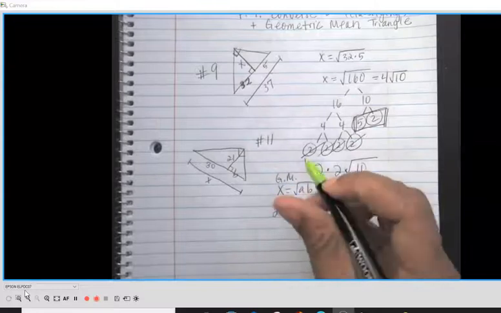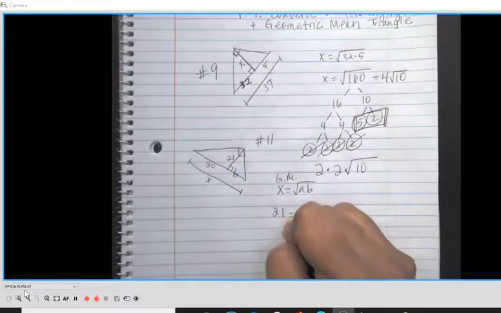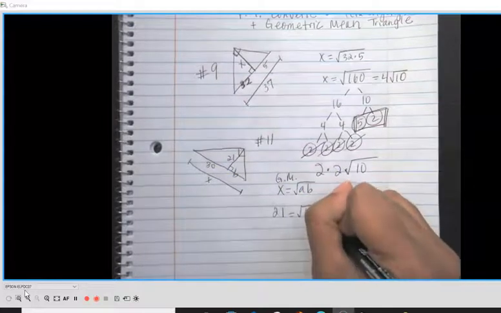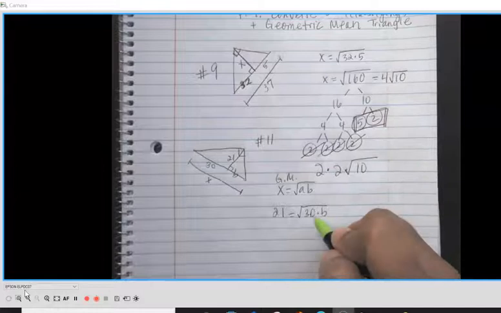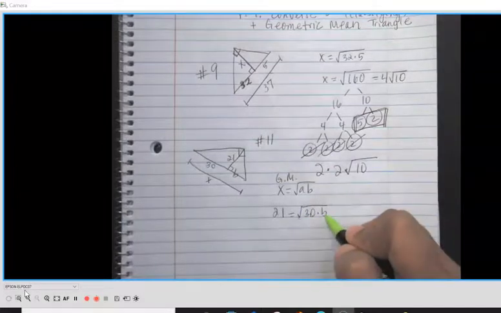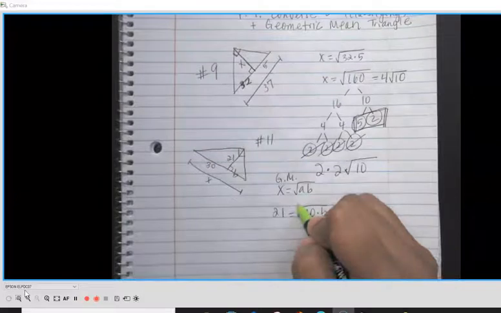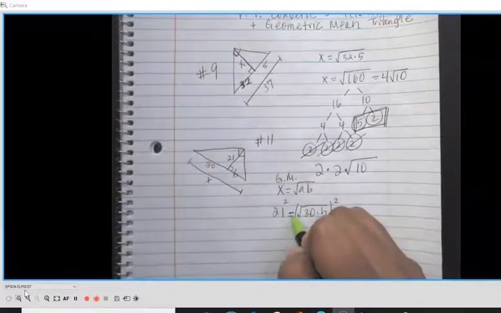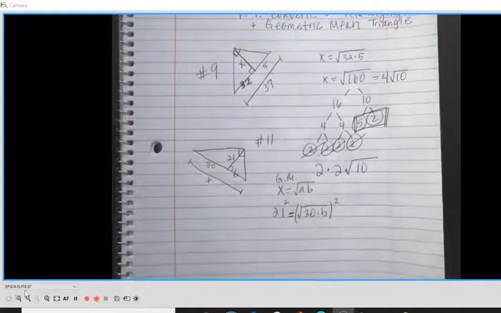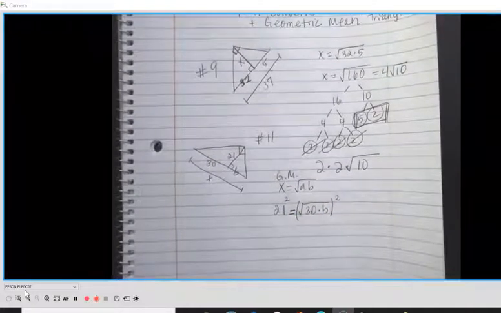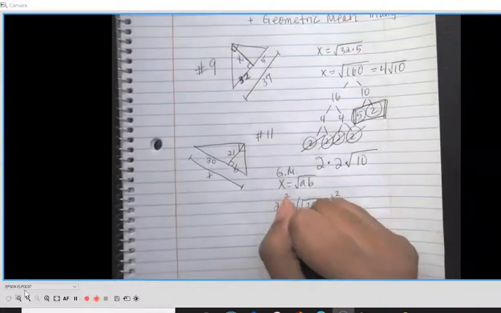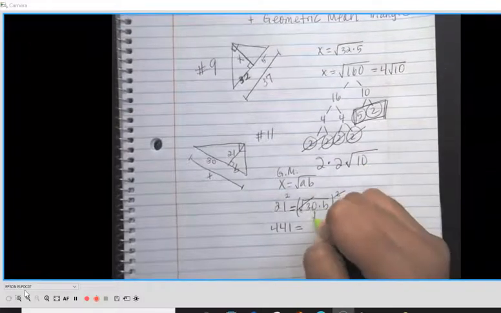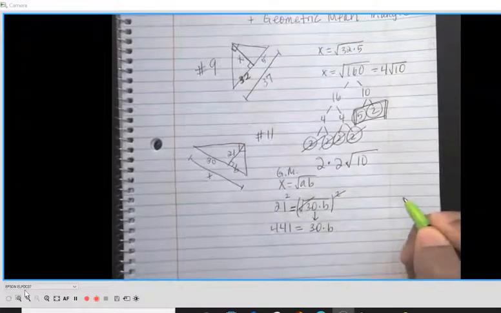So I got 21 is the altitude, equals the root, and again, I'm calling this piece a, so that's 30 times b. And then, of course, if I want to get rid of that square root so that I can get b by himself, then I'm going to square this side, and I also have to square the other side. Because what separates those two sides is the equal sign. So, going from left to right, 21 squared is 441, equals, and then remember, the square root and the square cancel out, so that just leaves 30 times b.